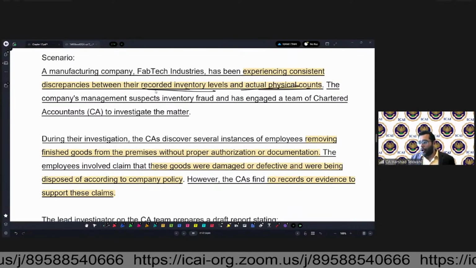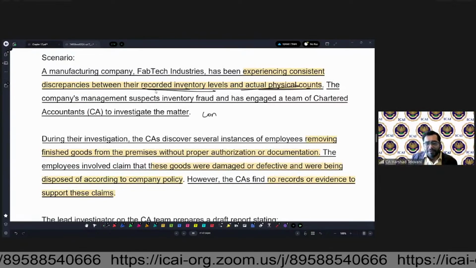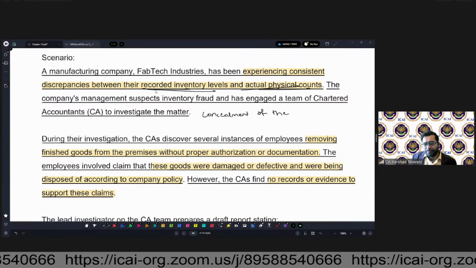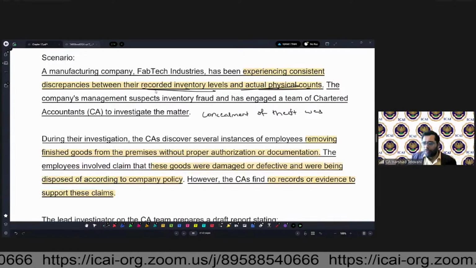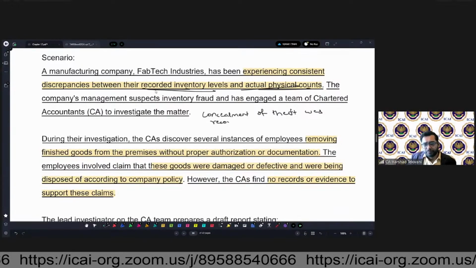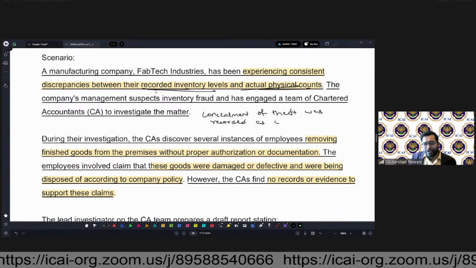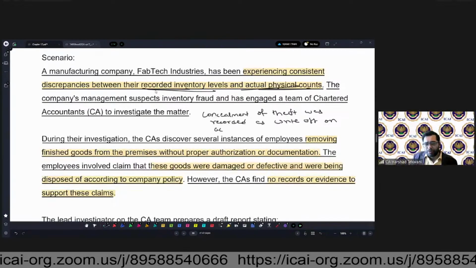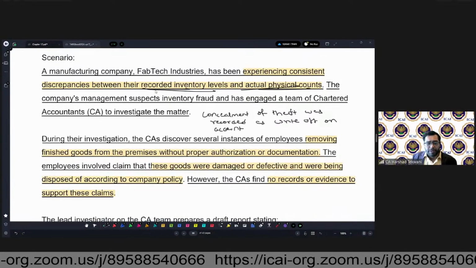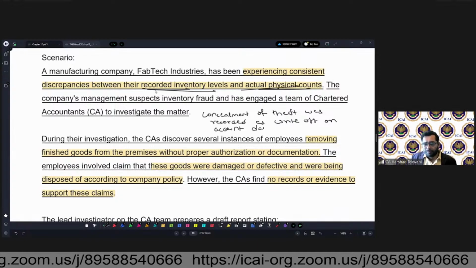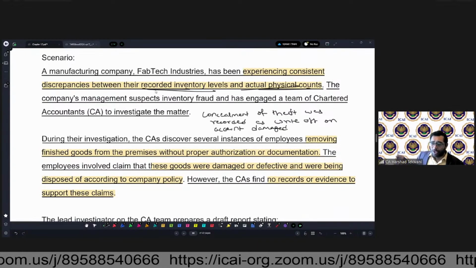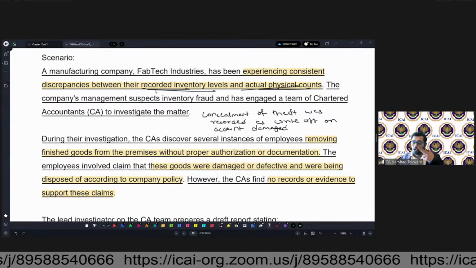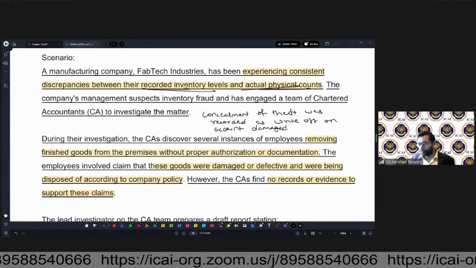So there could be a fraud wherein the concealment of theft was recorded as write-off on account of damaged goods. There was an actual theft going on, but the employees were saying these were damaged. So there was a concealment of theft.